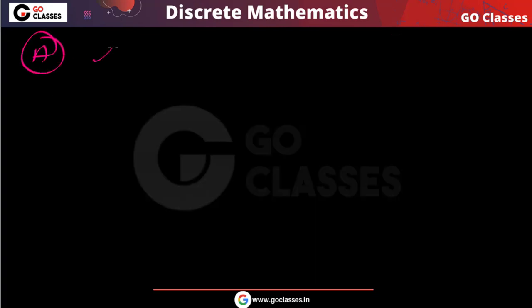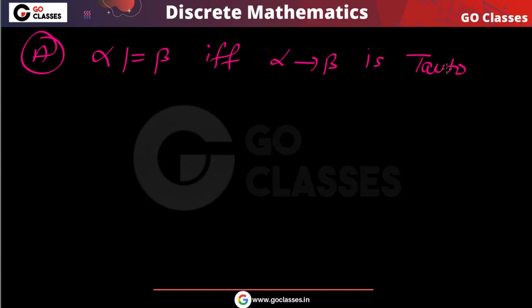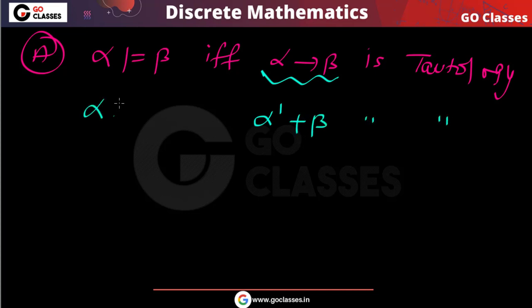We already know that alpha infers beta if and only if alpha implies beta is a tautology. This is the same as negation alpha or beta. So I can say that alpha infers beta if and only if negation alpha or beta is a tautology.